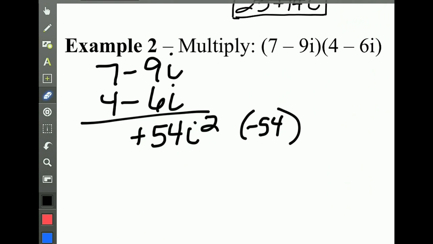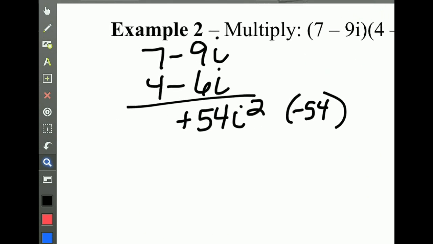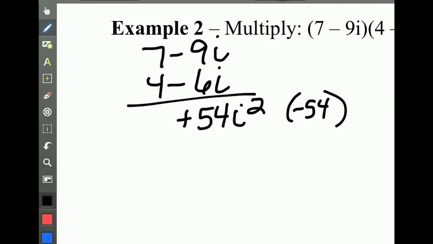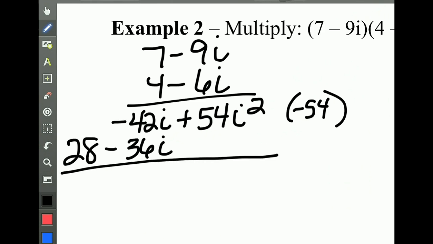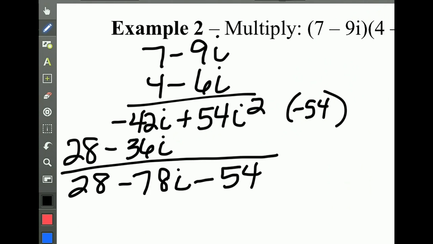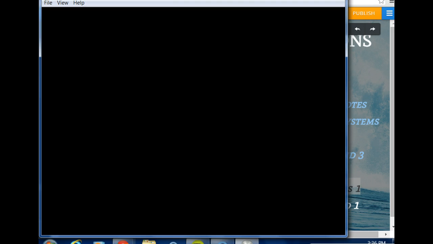Then we have -42i. Then we go down and over. We would have -36i and +28. So when all is said and done, we have 28 minus 78i minus 54. 28 minus 54 is -26, minus 78i.